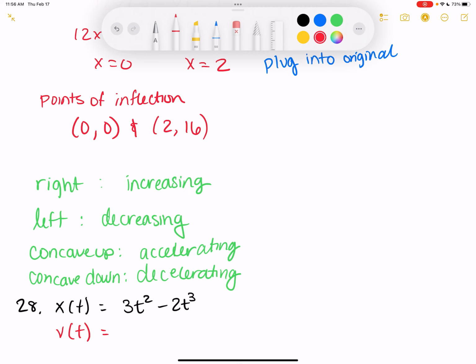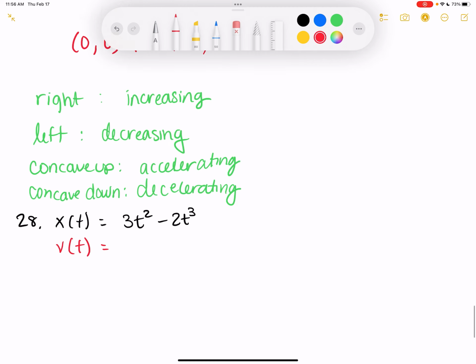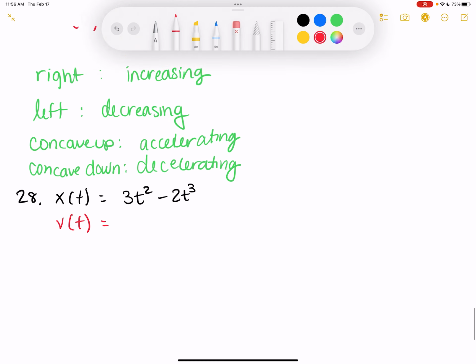First derivative, so what would that be? Yep. So then now I'm looking for if it's right or left, meaning increasing or decreasing.